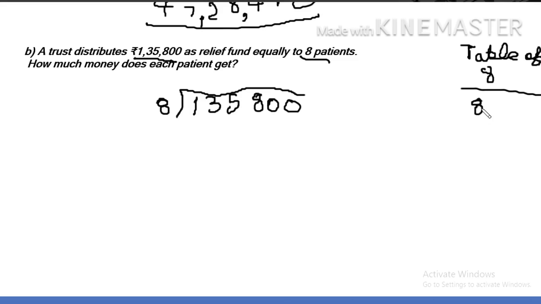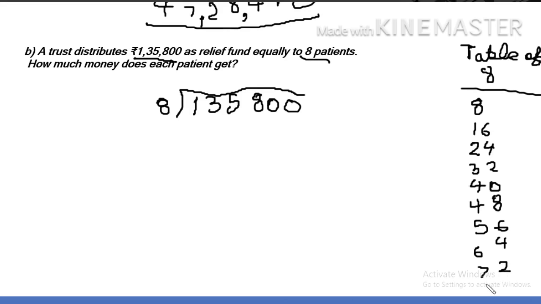First 8, then 16, 24, 32, 40, 48, 56, 64, 72 and 80.